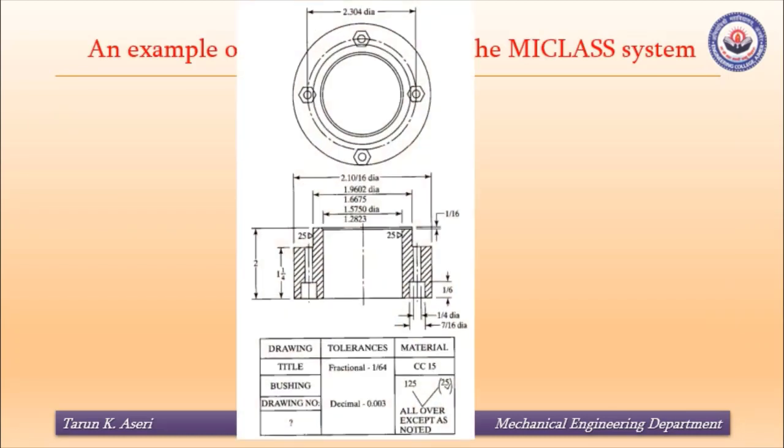Now this is an example. We can understand the MI class with the example and what kind of questions are there to assign any code or any digit for this particular item. It's a rotational item having 4 holes at the outer perimeter.